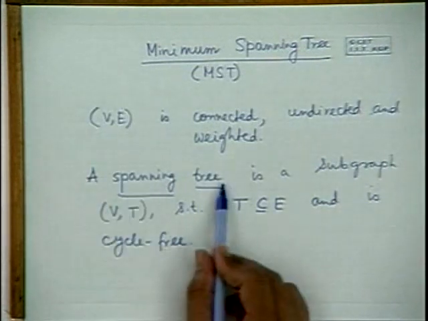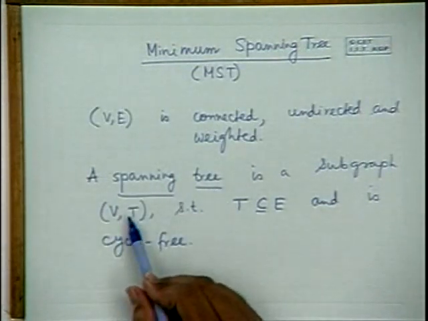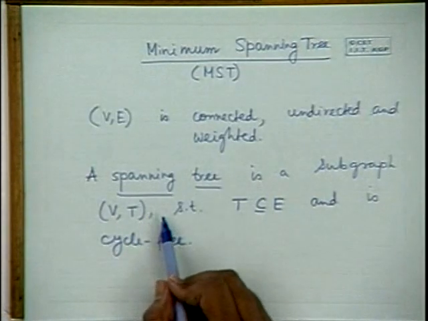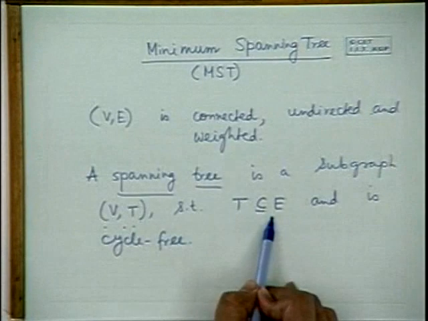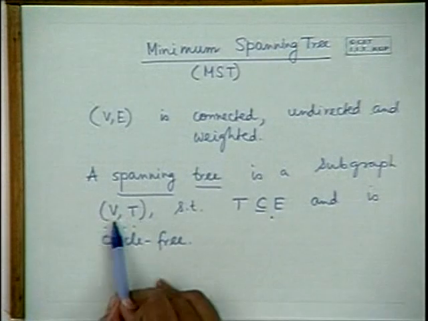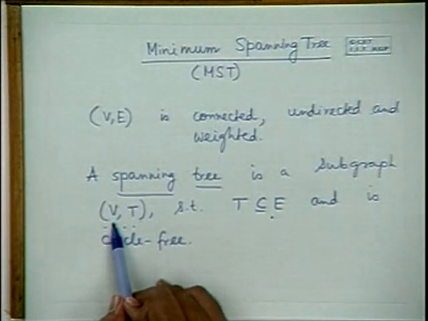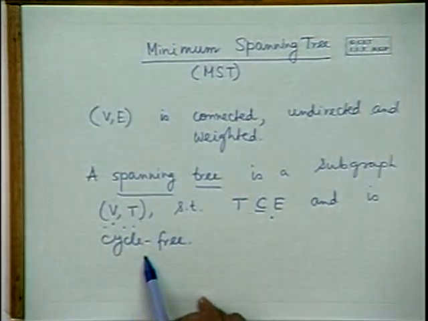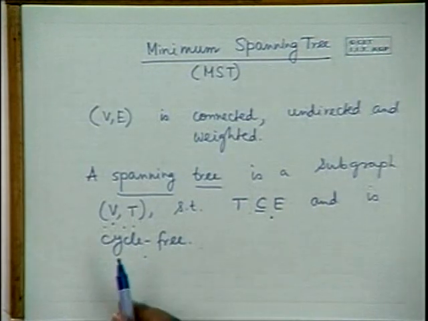So basically a spanning tree is a subgraph of the given graph. That subgraph itself is a tree which spans all the vertices, and that's what our notation (V, T) says. T is a subset of E and it spans all the vertices because I have taken V here. And why is it a tree? Because it's cycle free. That is called a spanning tree.